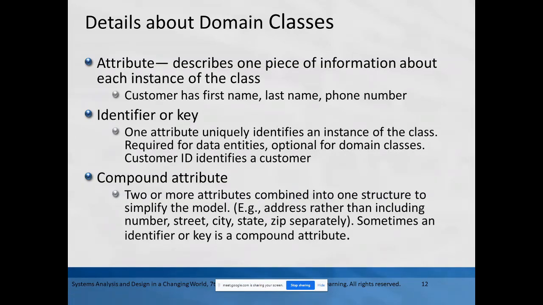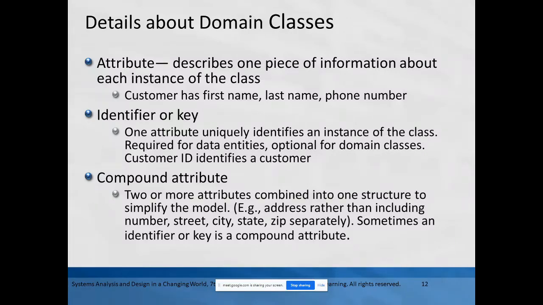For all of the attributes, you have to have one that uniquely identifies an instance of the class / entity. Now, it makes some distinction here that for this key, with entities, it's required, you have to have it, and it's optional for domain classes. That is true.